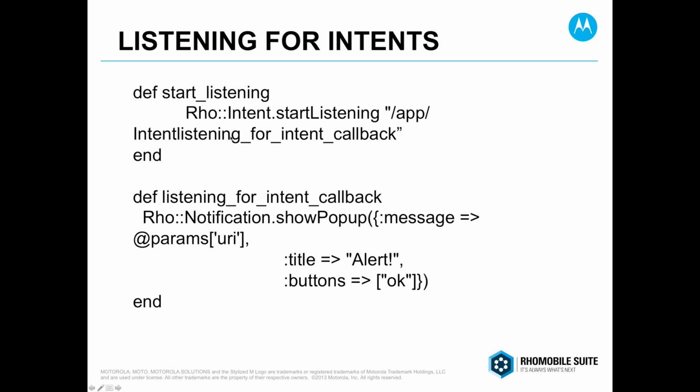So two key things: you're going to register your intent to listen, and then you're going to write the interesting work that happens with that intent. Obviously, you can look for existing intents that you know other things will be sending out, and then have your app respond to that.